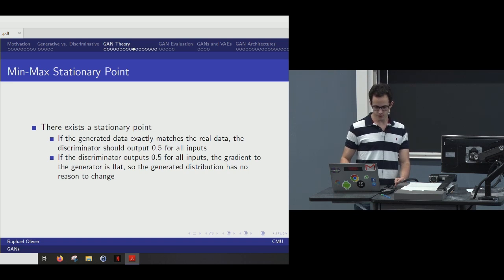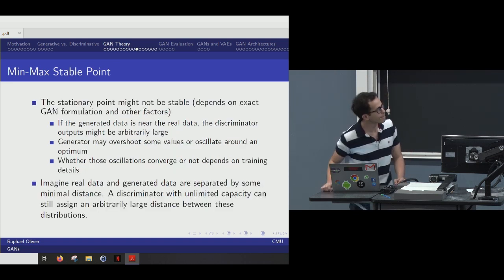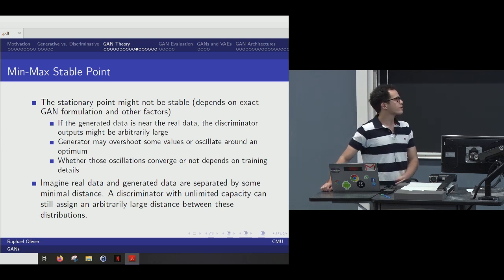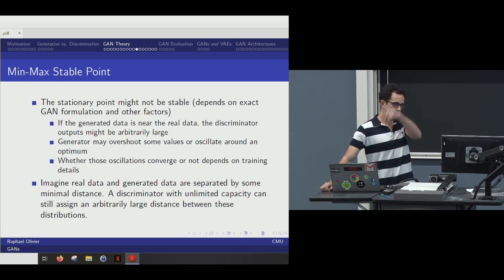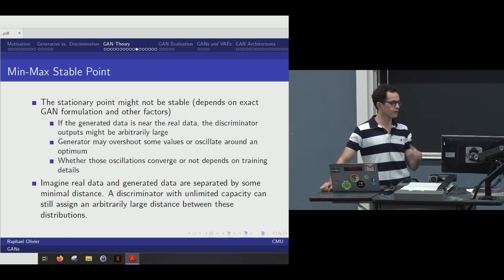But just because it's stationary doesn't mean it's stable. You should have seen a little bit of that when you saw gradient descent and the Hessian matrix that's supposed to have its eigenvalues positive. And you've seen a little bit of that in convex optimization, but these kinds of problems are much, much more problematic in the min-max game.